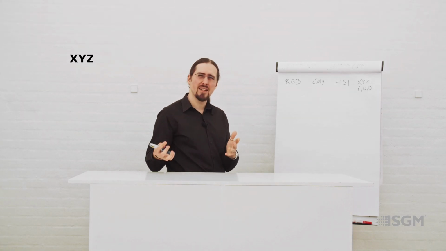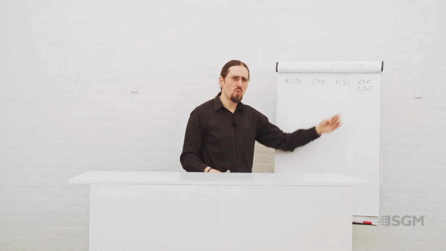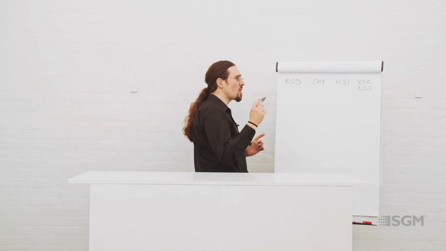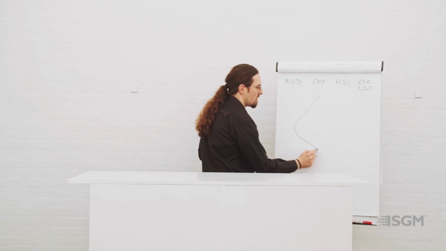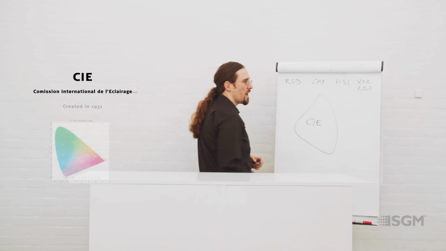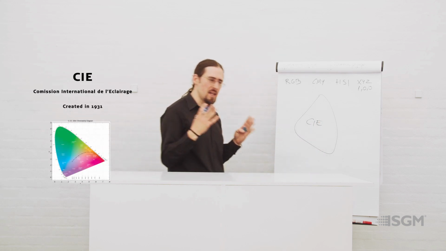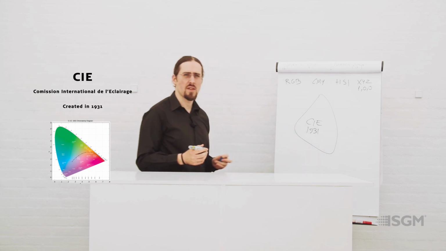But let's explain a bit more about the color space because that will help to understand the XYZ. So the most common color space in the lighting industry is the CIE color space. And initially, the CIE color space, it's sometimes called as 1931.